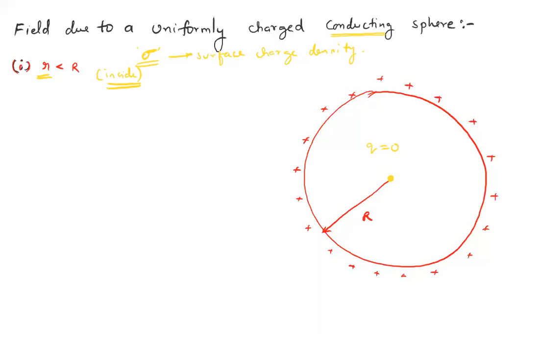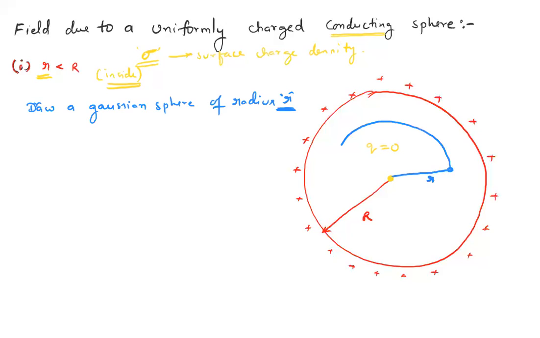For any of these, what type of Gaussian surface do we need? A sphere only. So we draw a Gaussian sphere of radius small r.